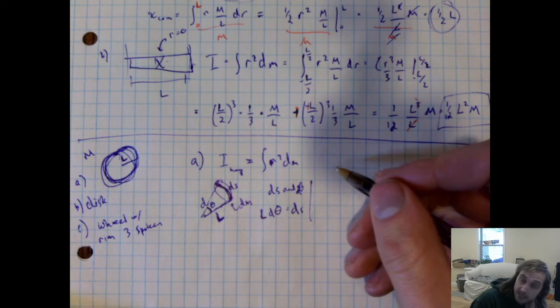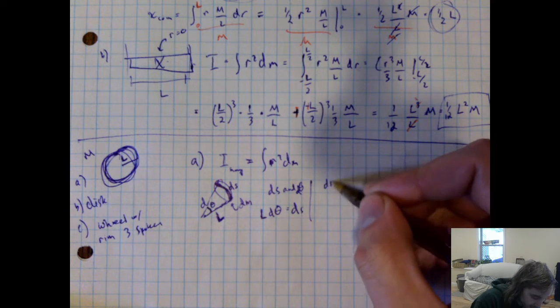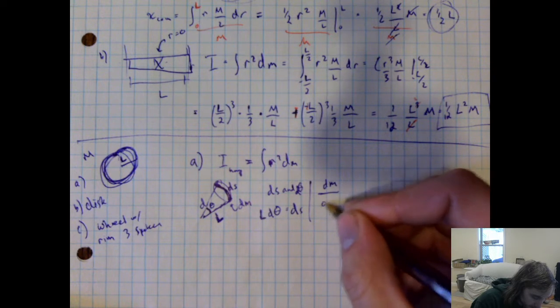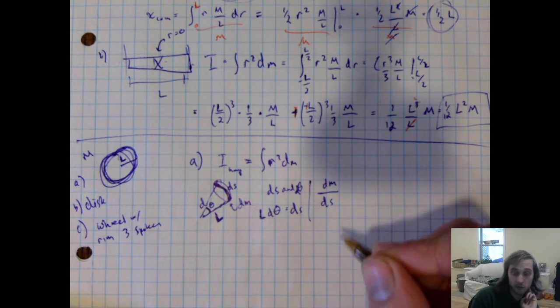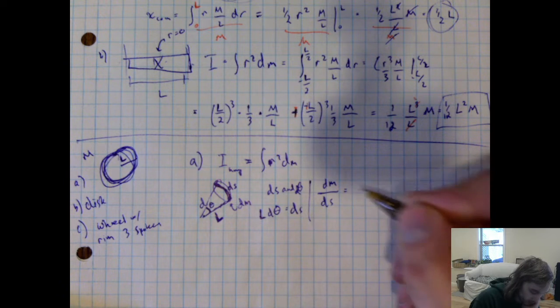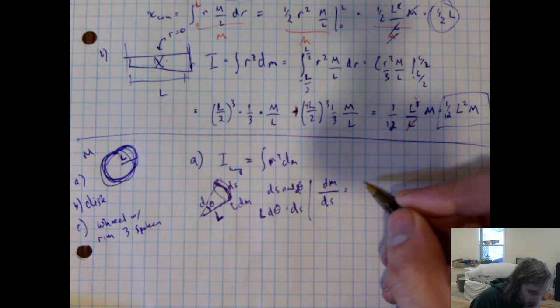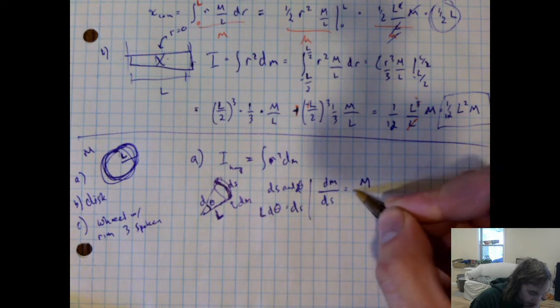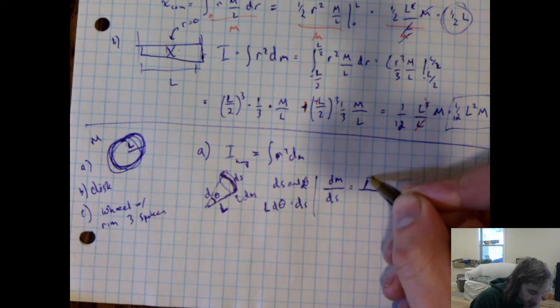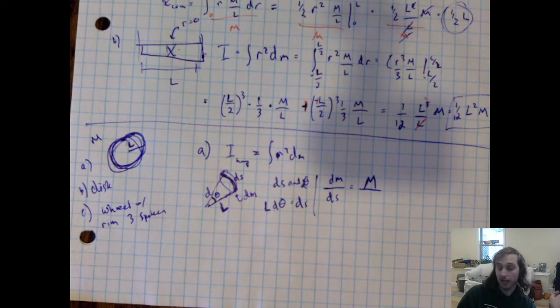From there, what we can do is go back and do the same thing we did before. We can represent our density and say that dm divided by ds, our tiny little chunk, is going to be equal to our total density. Well, our total mass is m, but this time our total amount of stuff isn't just L, it's the entire hoop.